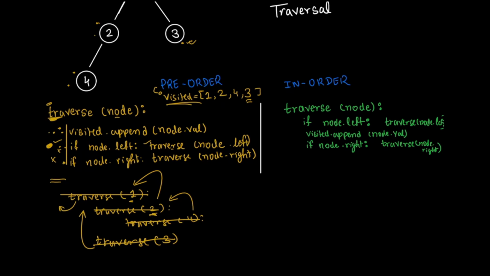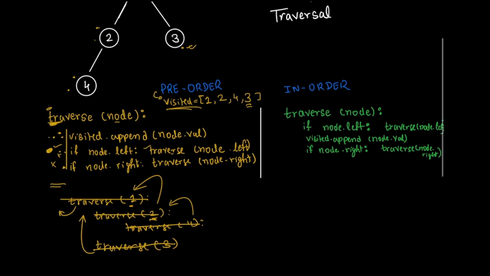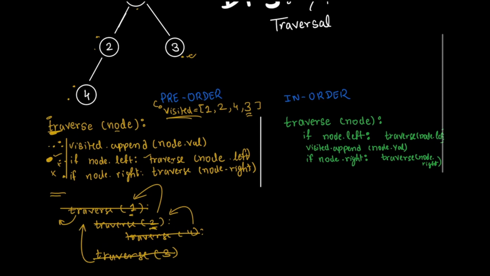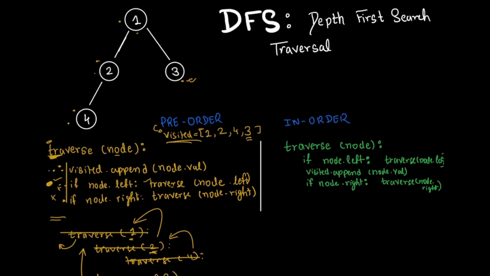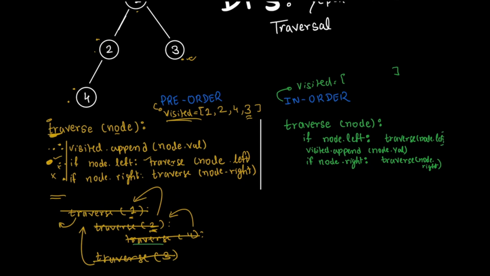Now we will again do this for InOrder and see how the output comes. So again it will be a visited list. So this entire structure is basically a stack operation disguised in the form of recursion, but that is all there is to this program.